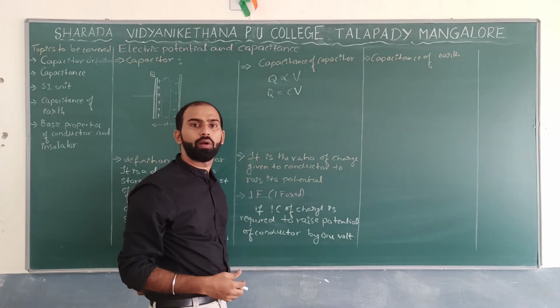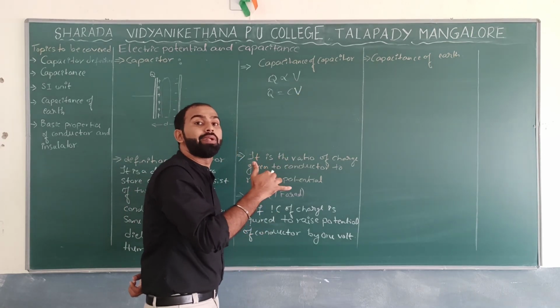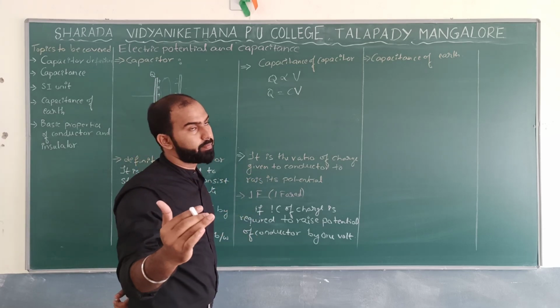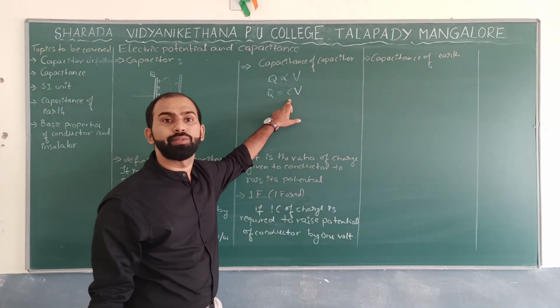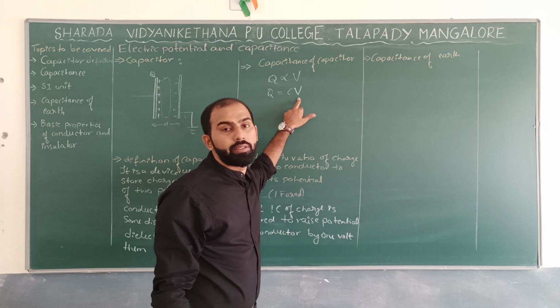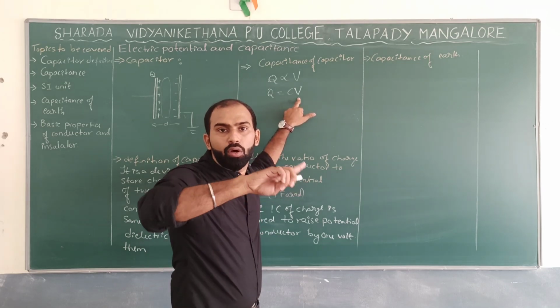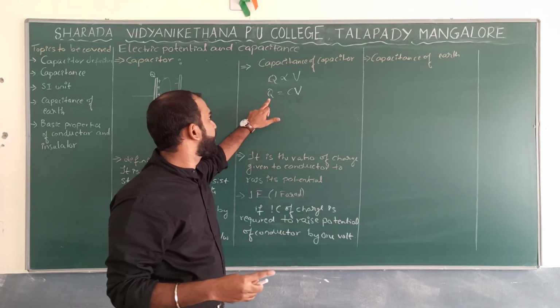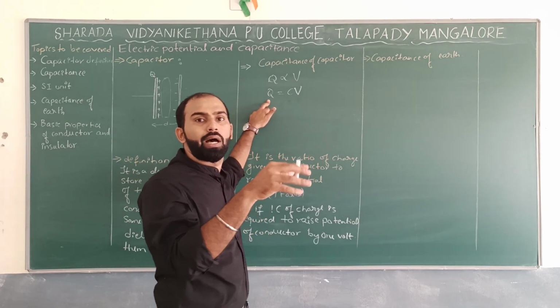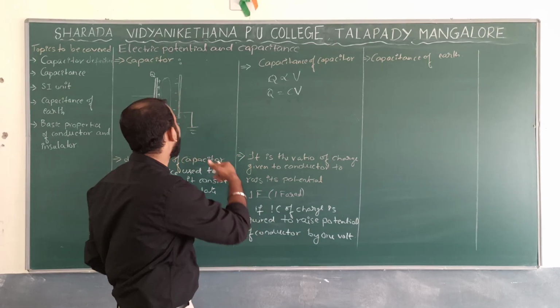Here C is a constant, which we call the capacitance of the capacitor. V is the voltage or potential difference across the two conductors. And Q is the charge which has been added, or the charge induced over here.